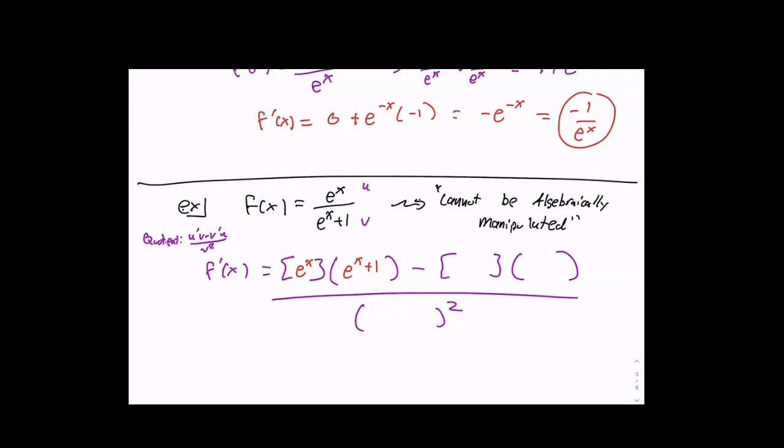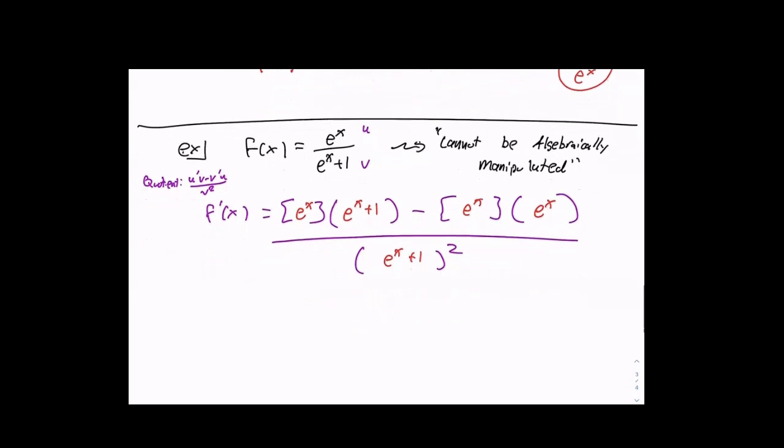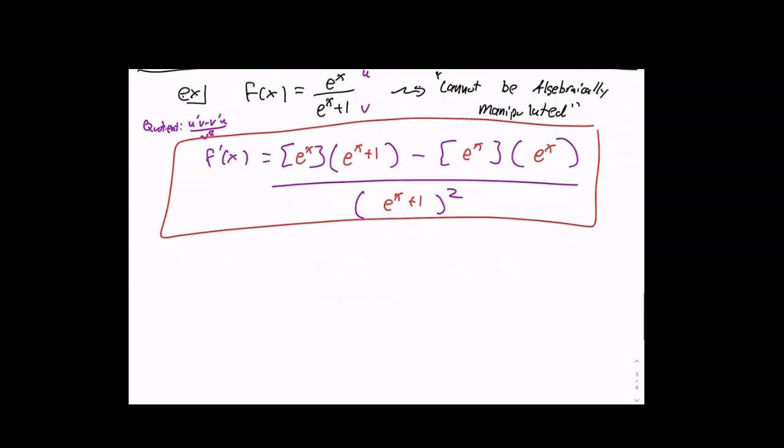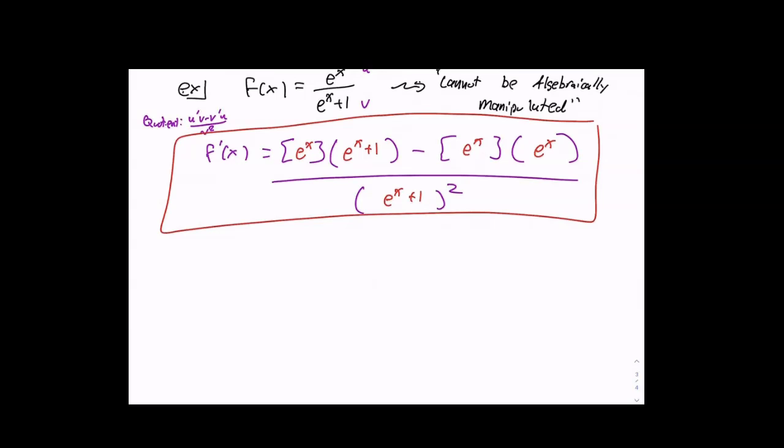Which is e to the x times u, which is e to the x, all over e to the x plus 1 quantity squared. And that's the answer.